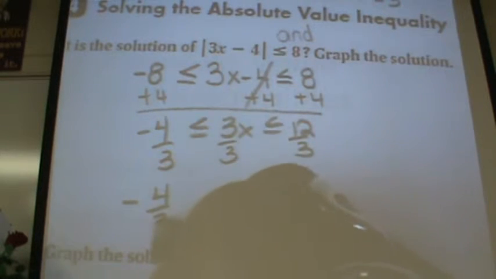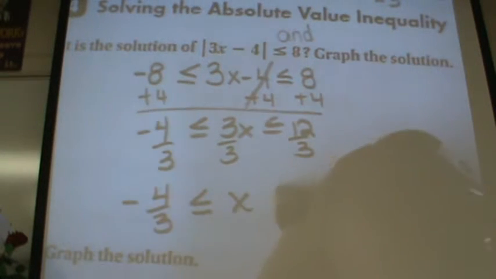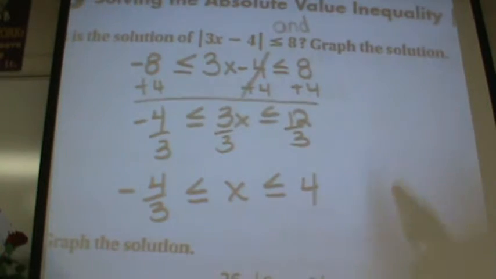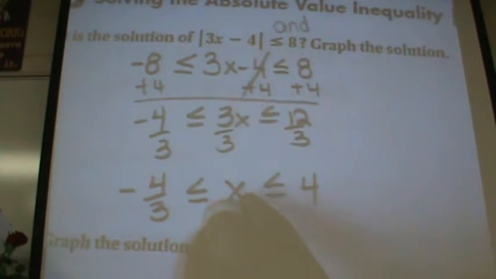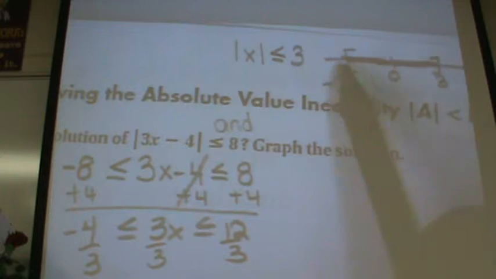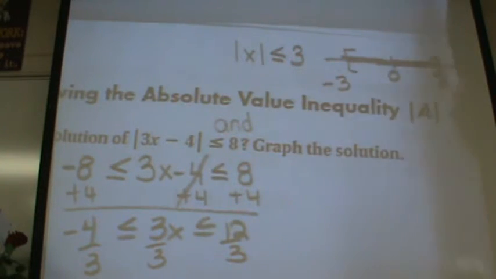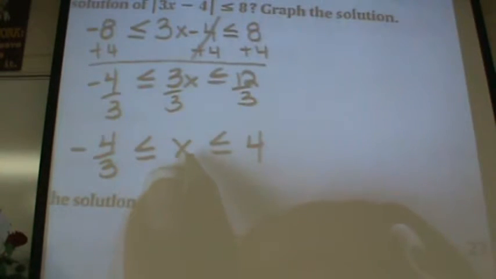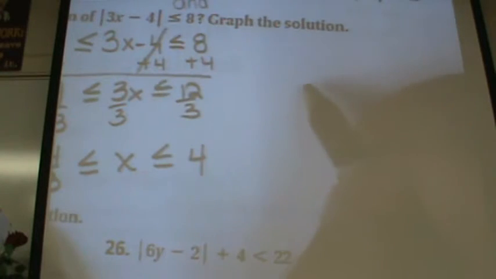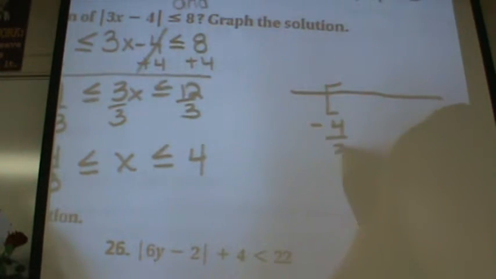So negative 4/3 is less than or equal to x, less than or equal to 4. So in other words, the solution to this one was everything between negative 3 and 3. For this one, the solution is all the numbers between and including negative 4/3 and 4. These are all the solutions to this.